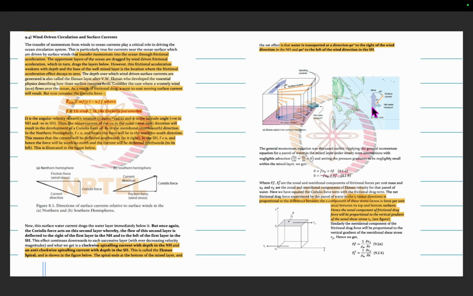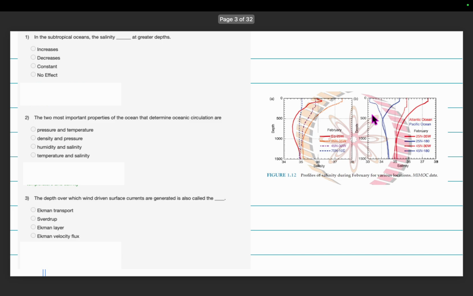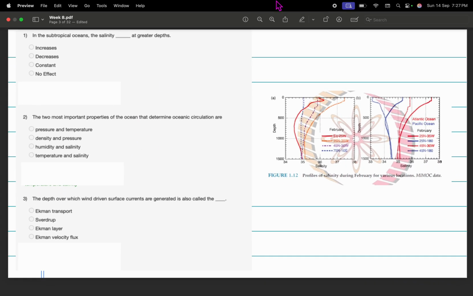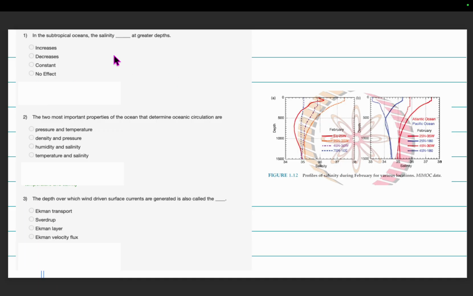Now we will solve a few questions from this week 8 content. It is given that in the subtropical ocean, salinity is dash at greater depth.